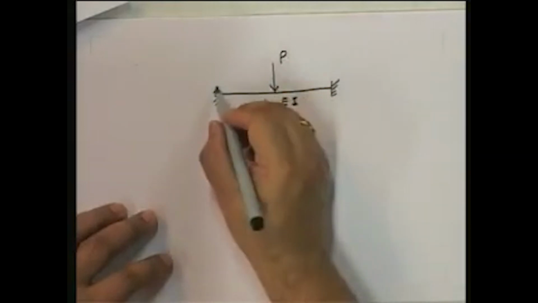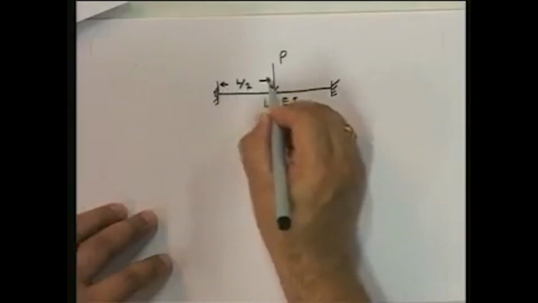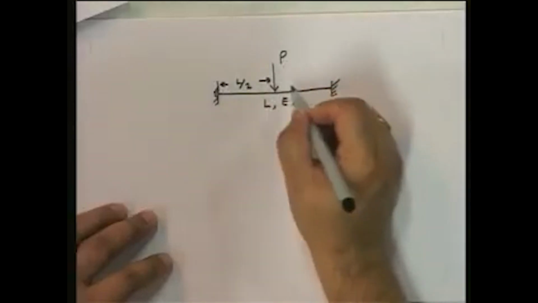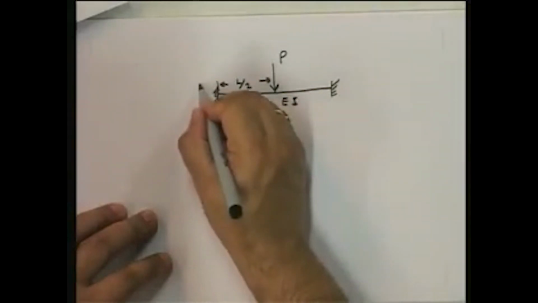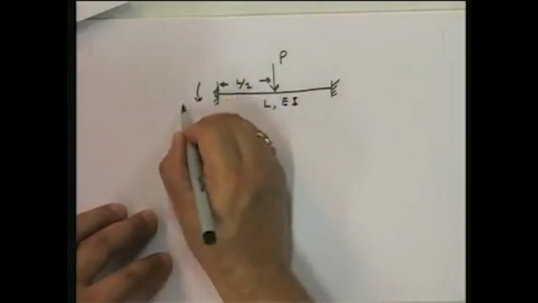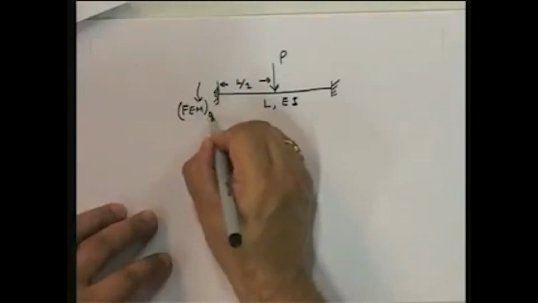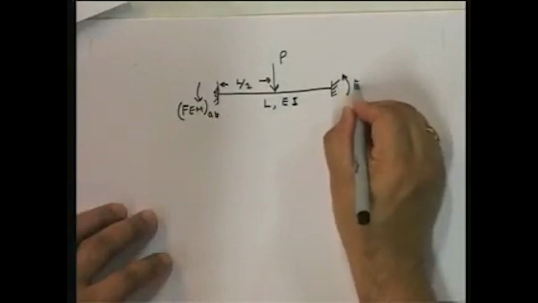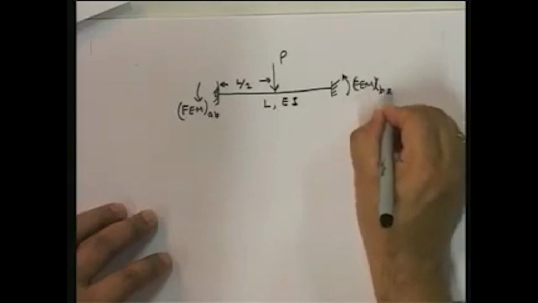I'm using it only as an example; you will see that my procedure can be used for anything. And this load is applied at the midspan. Our entire goal here is to find out the fixed end moment at A and the fixed end moment at B.